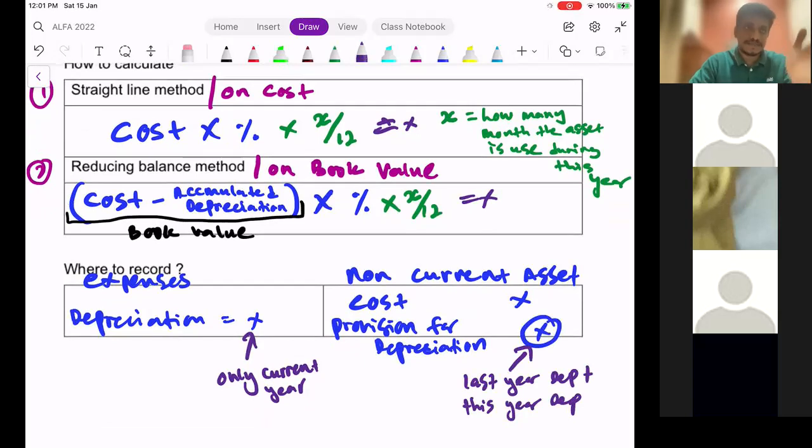Understand not? Last year's one you get from the trial balance, plus this year's one that you record here.